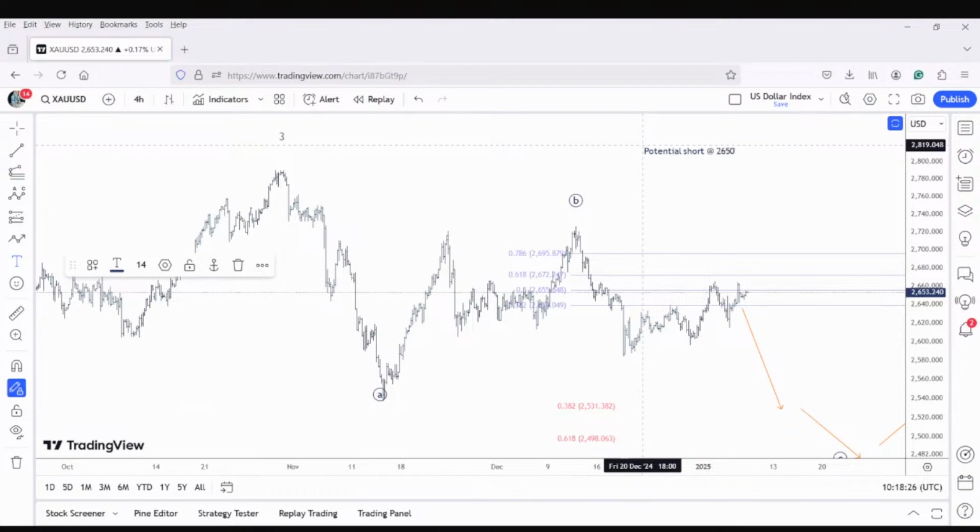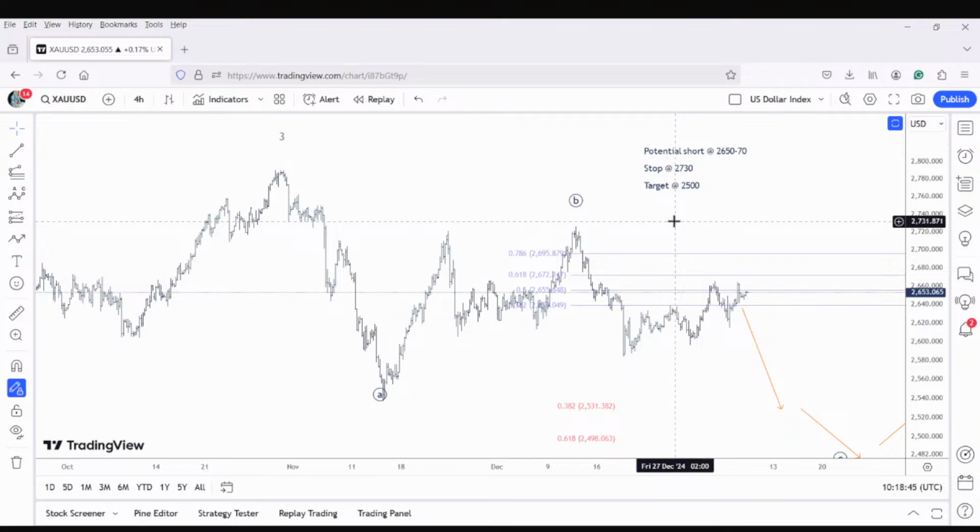This is precisely the region where we would like to go short, or where you should be going short. Stop loss around 2730 and target around 2500. All right. So those are major currency pairs, and the metal.